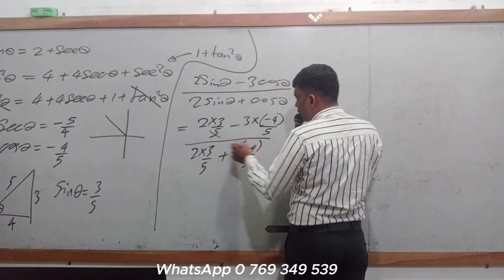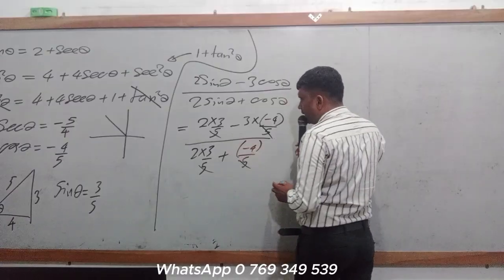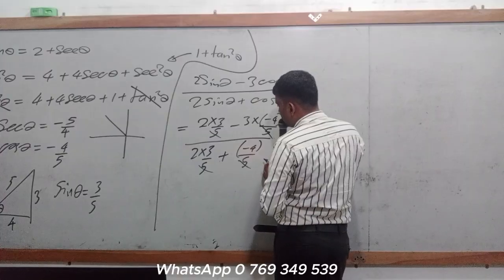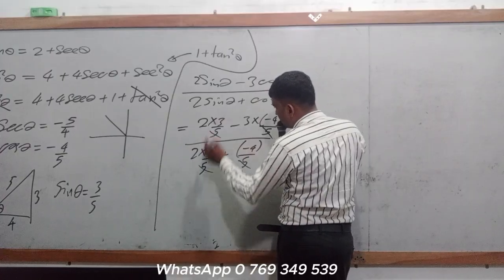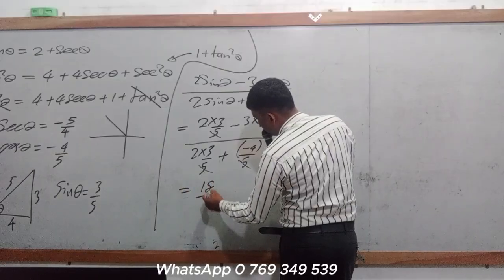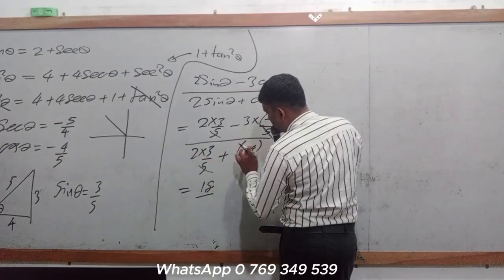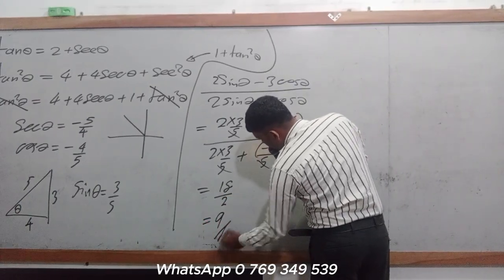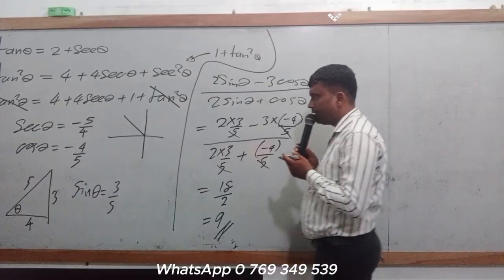We can cancel those 5s, so the top is 6 plus 12, that is 18, and the bottom is 6 minus 4, that is 2. The answer is 9.